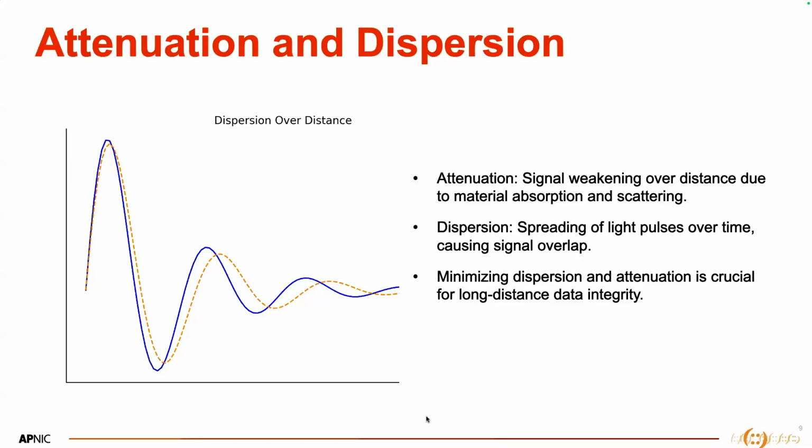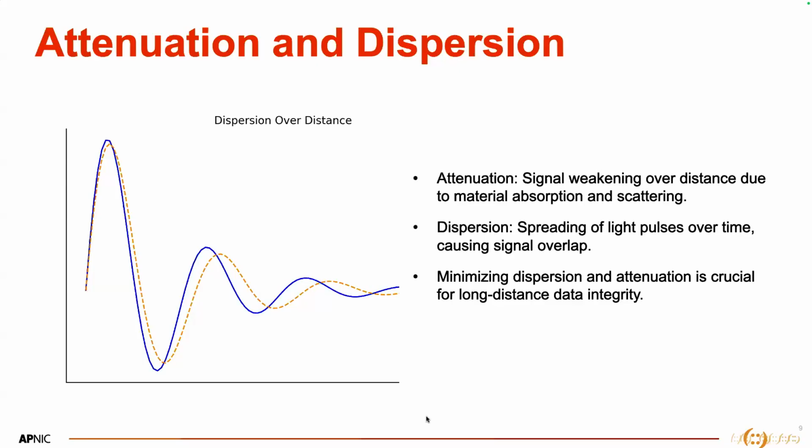And dispersion is basically the spreading of the wave over distance and time. As you can see in the diagram, at first both the lines were in the same shape, the blue and the dotted orange.